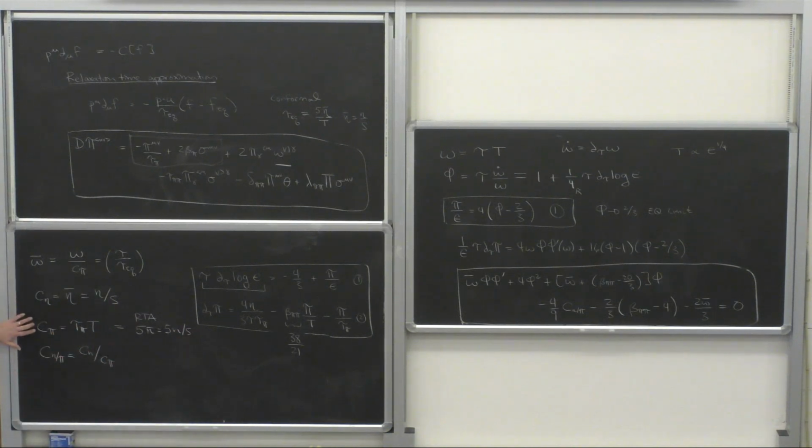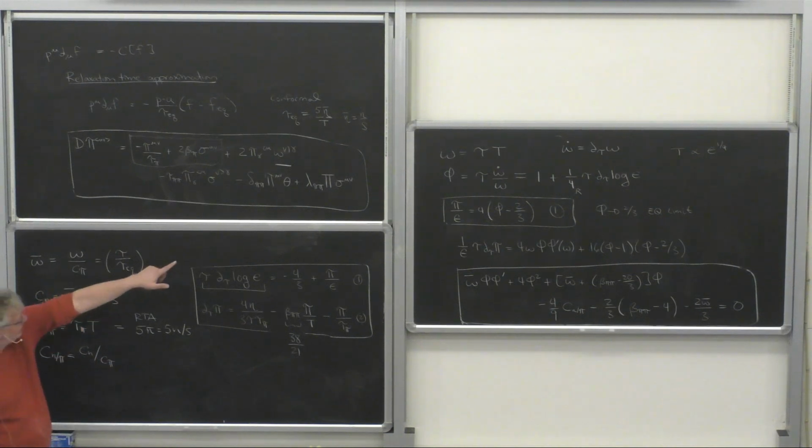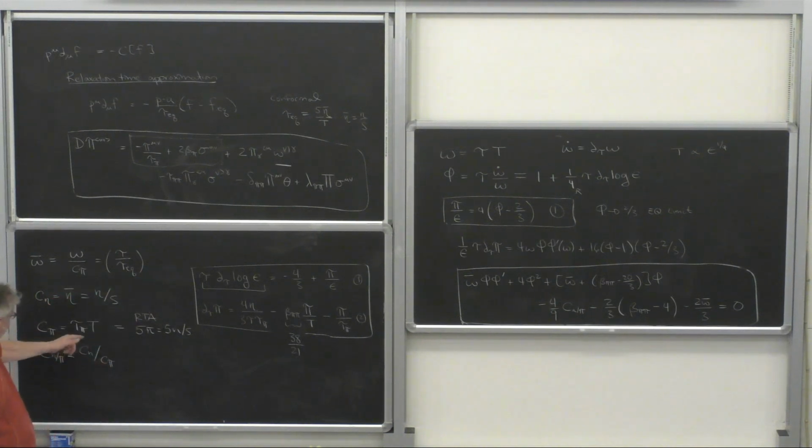This C pi thing, in general, is the shear relaxation time times T. And it's a dimensionless variable, but it's different than tau T. This is some sort of physical constant.